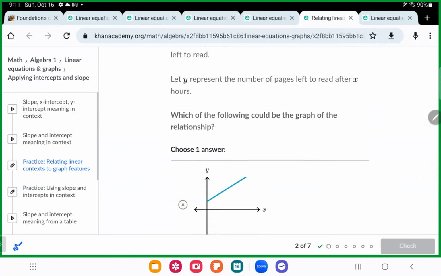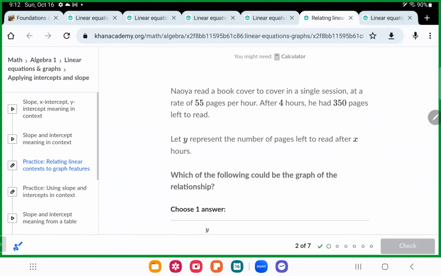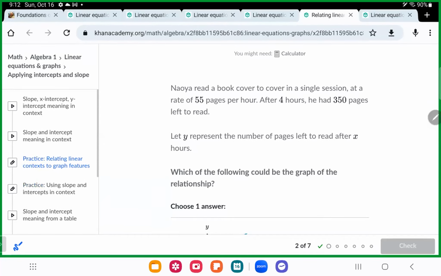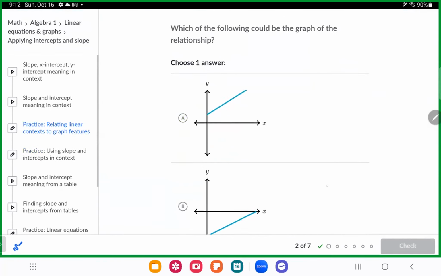So now we just got to sketch the graph. Which of the following could be a graph of the relationship? Well, he read the book cover to cover, so he started with no pages read. And then after 4 hours, he had read all the pages. So we want to see one that starts from 0, 0.